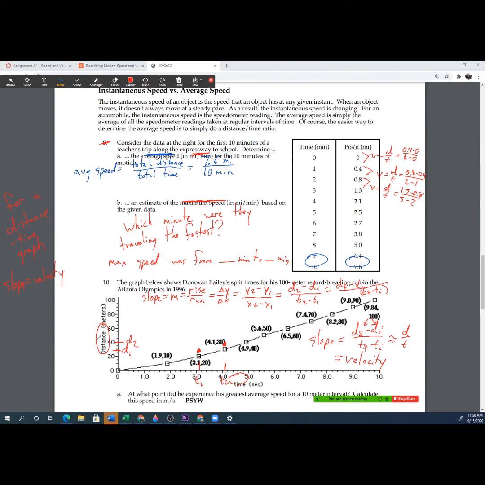Now, this is only true when you have distance on the y, time on the x. We will be teaching you other graphs where you've got other things there, and your slope will mean something different depending on the graph you're dealing with. But for a distance time graph, slope is the same thing as velocity.